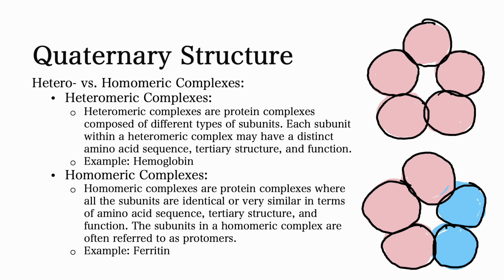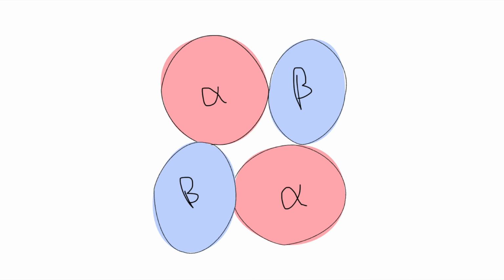Hemoglobin is a classic example of a heteromeric complex. It consists of 4 subunits, each with a different amino acid sequence. In the case of hemoglobin, the subunits are labeled as alpha and beta globins. This forms a heterotetramer. It has 2 alpha subunits and 2 beta subunits.